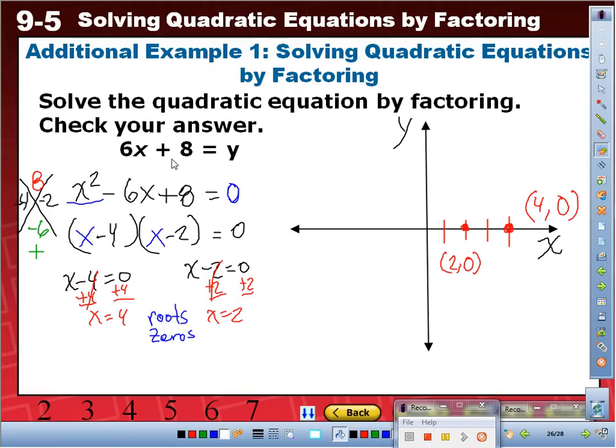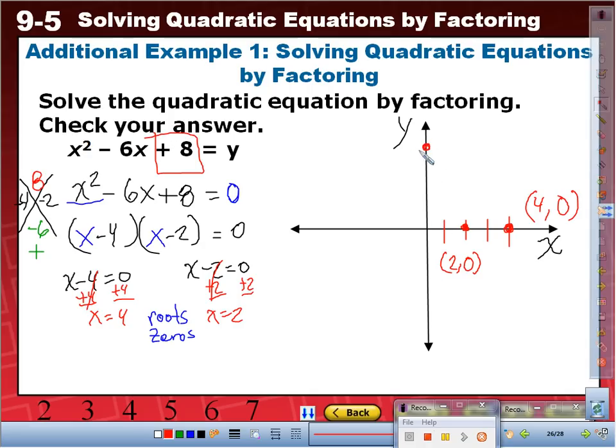This was the slope, and this was the y-intercept. So if that's true, my y-intercept for this equation is positive 8, which is up here. Is that correct? And the graphs for quadratics are known as parabolas. So our graph looks like this.